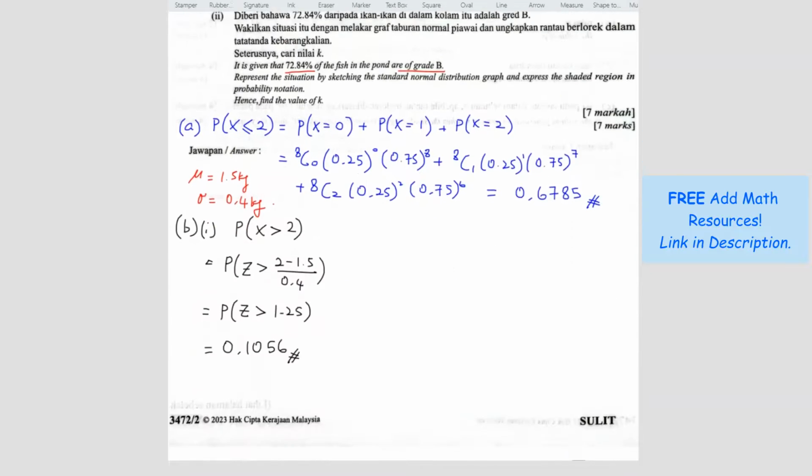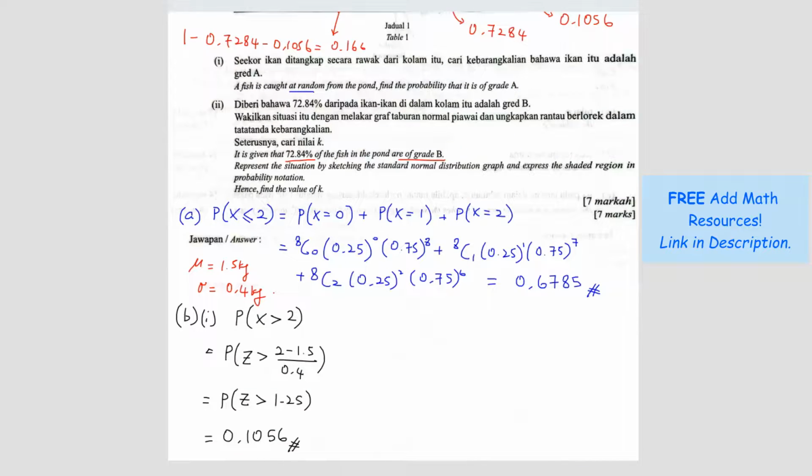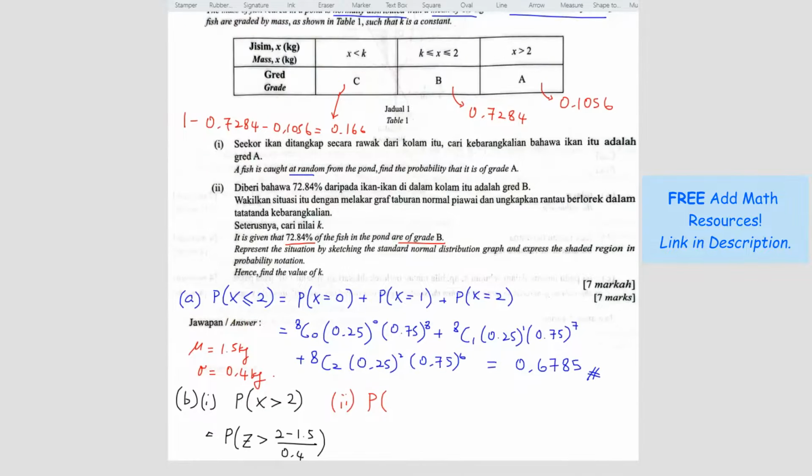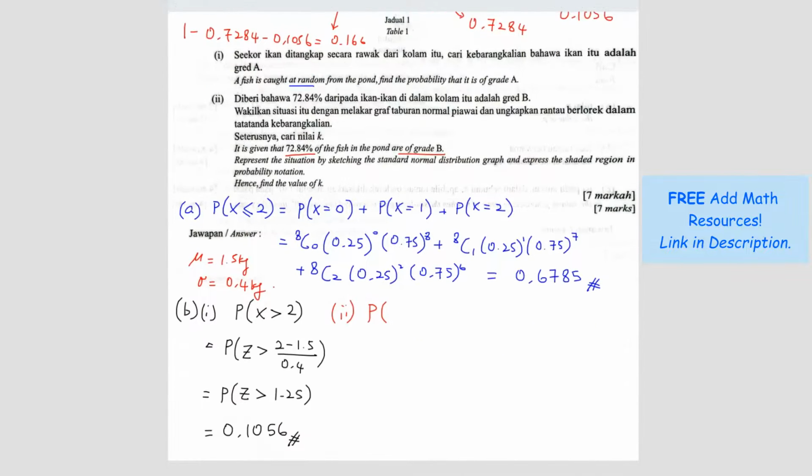Okay, let's see. Question B2. So we are looking for the probability of when x is less than k. X less than k, probability is 0.166.